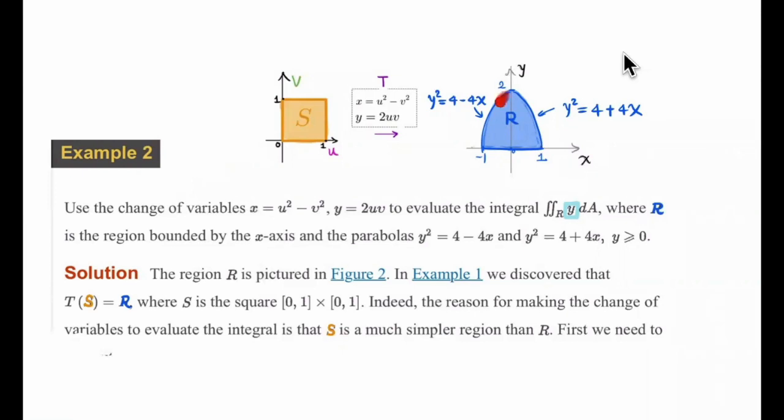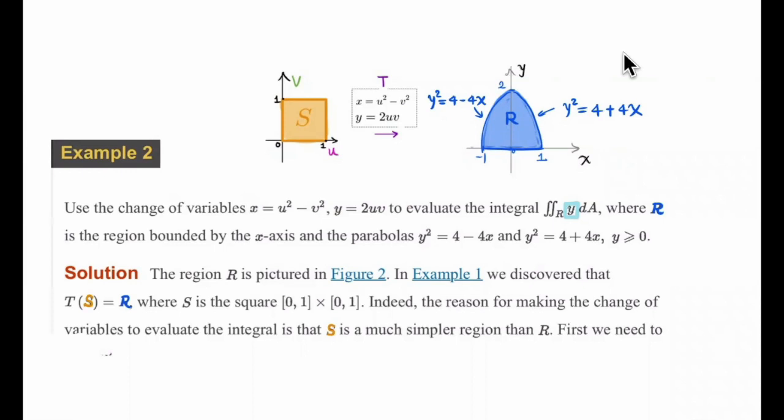Notice that this region R is the same region as in our last example. It is the image of this region S, this square here on the UV plane, under this transformation.